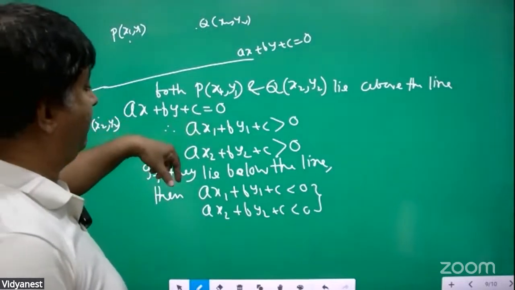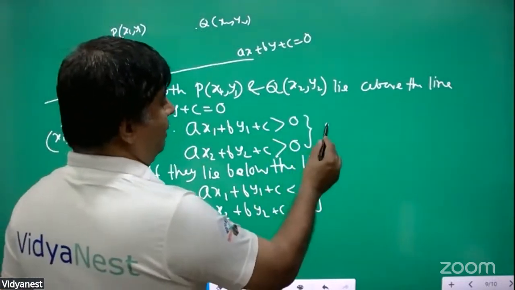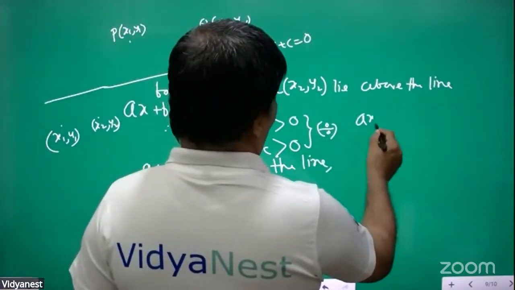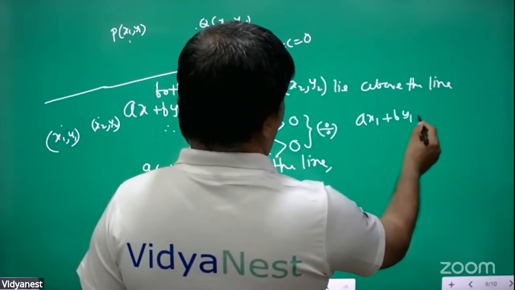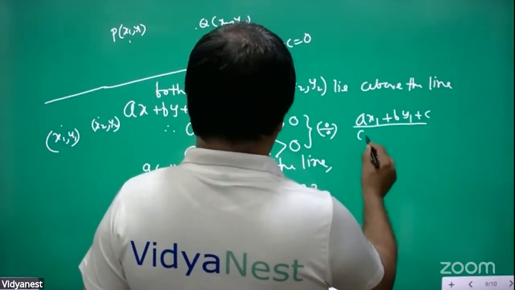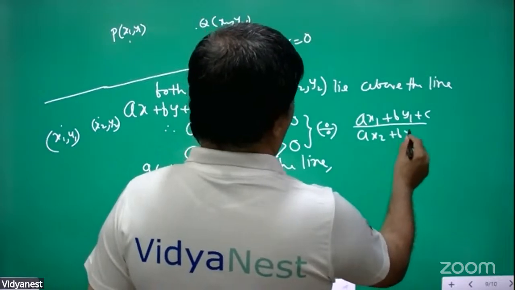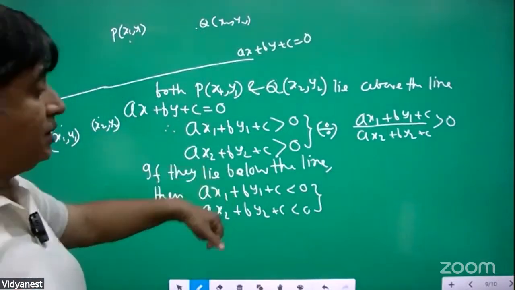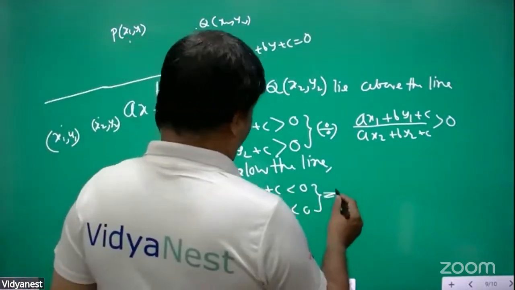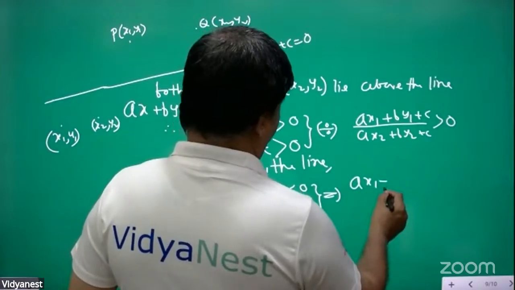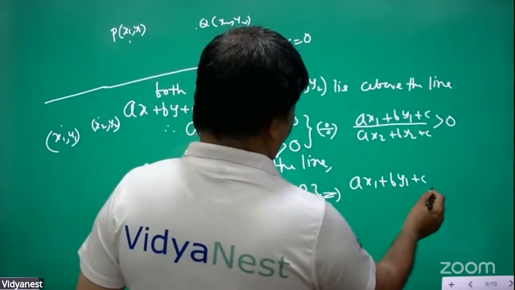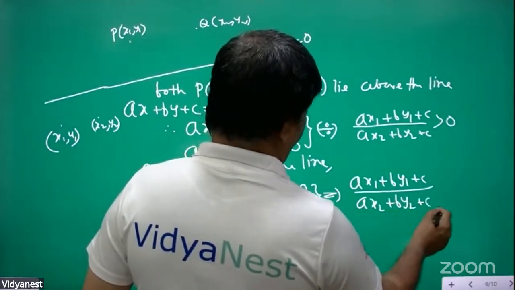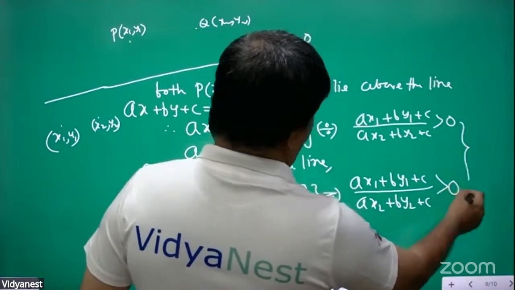Now if you divide this by this, negative by negative, that is also positive.